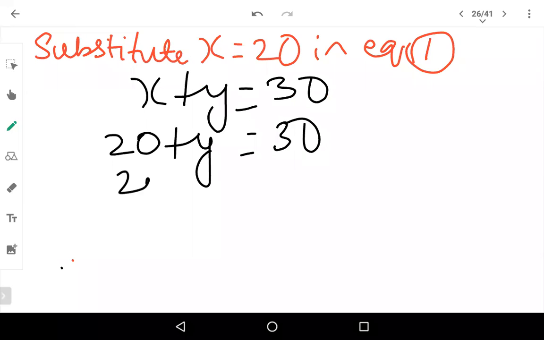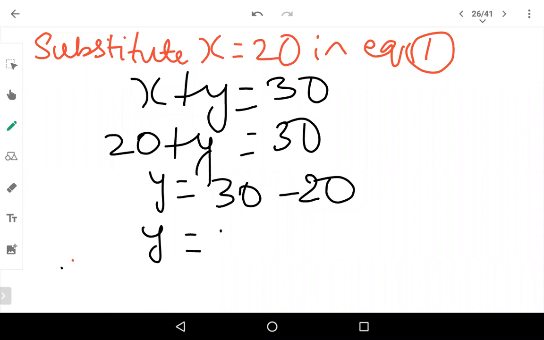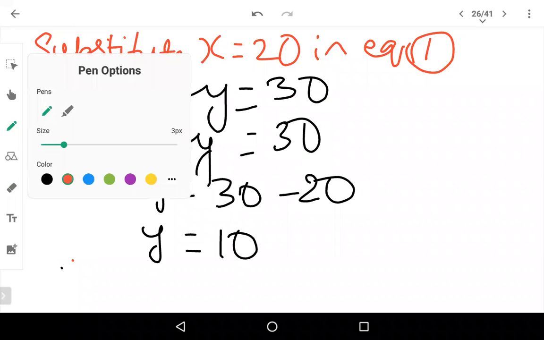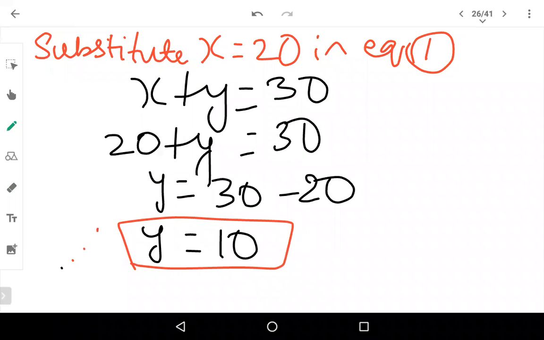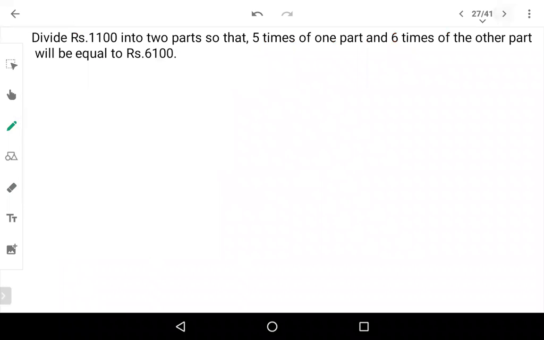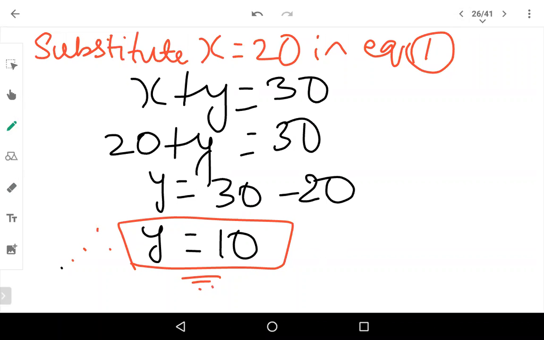Y is equal to 30 minus 20. So y is equal to 10. Very nice, no? Everybody got x is equal to 20, y is equal to 10.